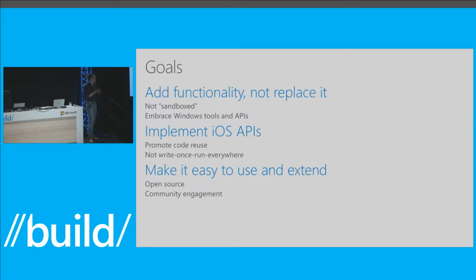So we've designed the iOS Bridge to fully embrace Objective-C on Windows. That means you get to use Windows Runtime APIs, the full set of UWP APIs, directly from Objective-C, using the language you're already comfortable with, using the skills you already have.